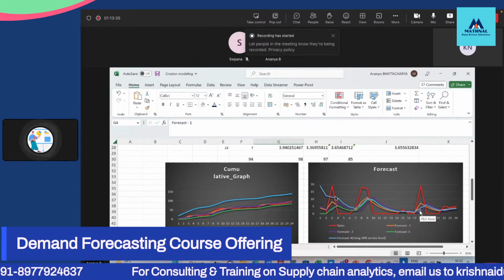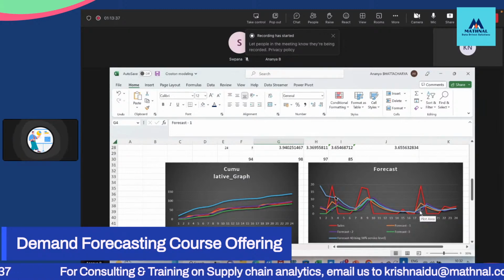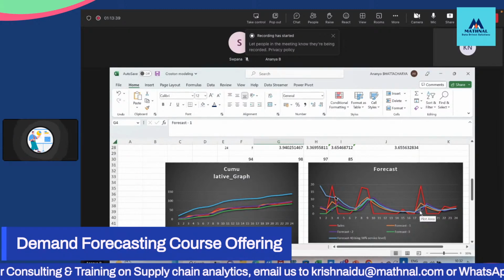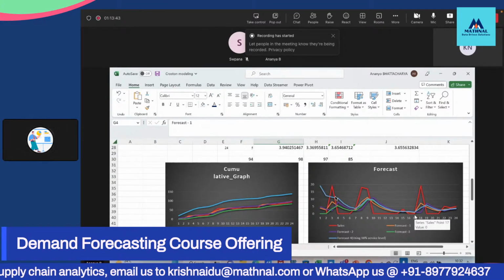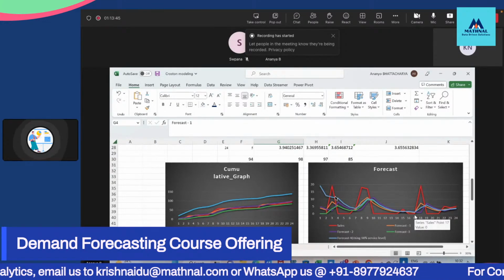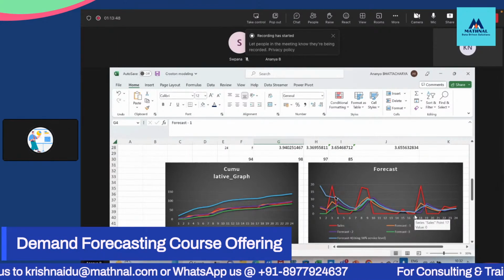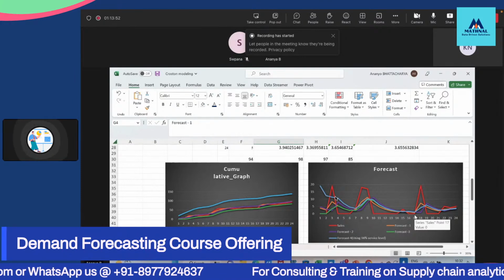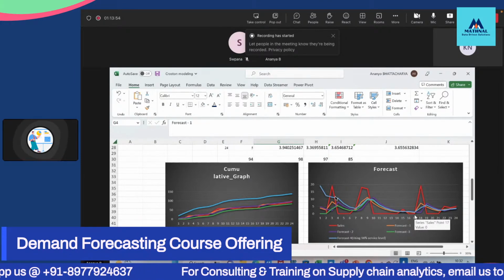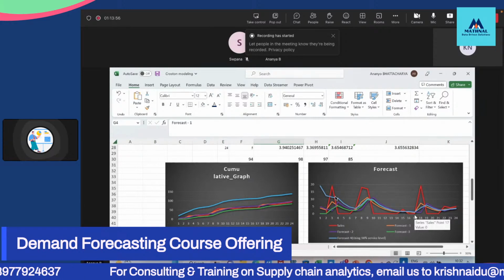So forecast 2 and forecast 1 are showing the closest match in the cumulative graph. But we're not getting that idea in the forecast graph. Are you getting any idea in the forecast graph? Which one is the closest one? By just looking at the visual of the forecast graph, I'm not able to understand which one is the closest. But when I look at the cumulative graph, I can understand.